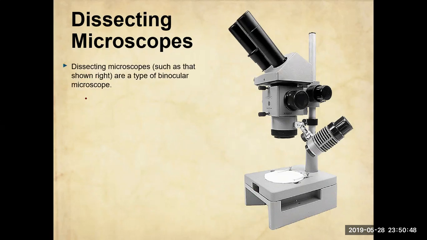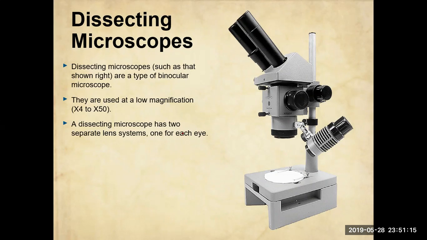Dissecting microscopes such as that shown on the right are a type of binocular microscope, so you can see using both eyes, which is called binocular. They are used at low magnification, which means 4 to 50 times. So they can magnify the samples from 4 times to 50 times, not more than that.